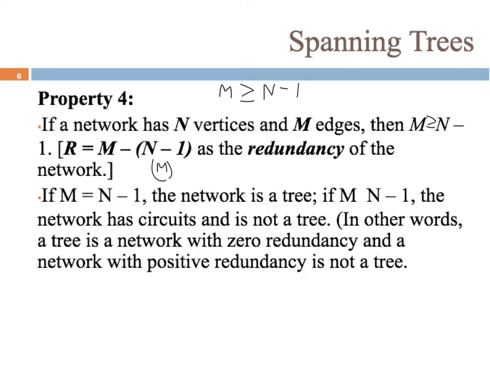If m is greater than n minus 1, the network has circuits and is not a tree. In other words, we have some extra edges that we need to get rid of so that the network can become a tree. A tree is a network with zero redundancy, and a network with positive redundancy is not a tree.